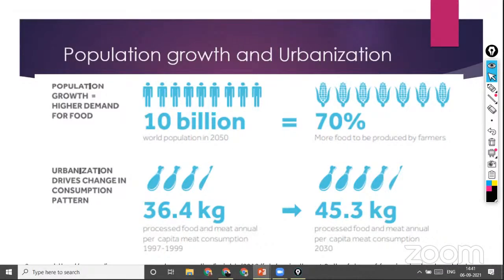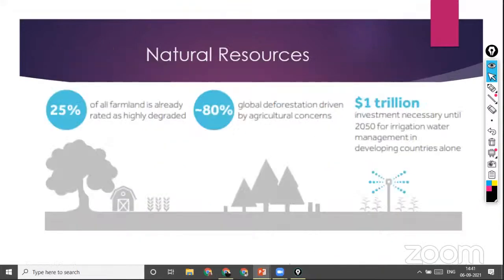And again, merely producing the food will not be enough. The food should be customized to the needs of the growing urban population also. Now we have a lot of platforms to do that, but still there is a lot of food wastage. And the next challenge is about the natural resources.